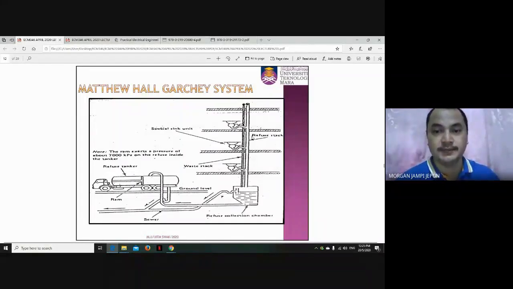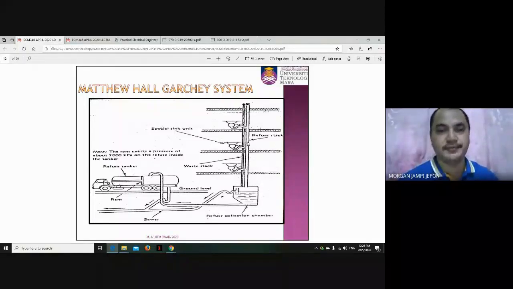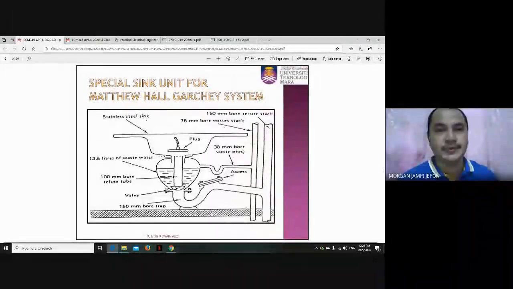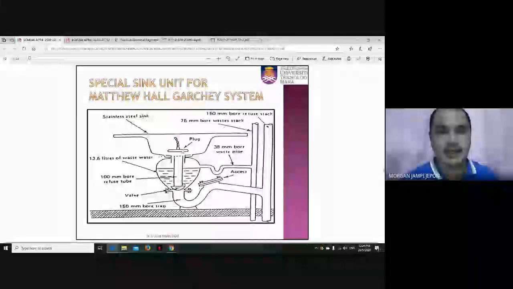In Malaysia, we very rarely use this one. If people did use this, perhaps it is for a very luxury condominium, because this system is very expensive to maintain and install. So this is the special sink unit for the Matthew Hall Garchi system. As you can see, it is using a special kind of sink.